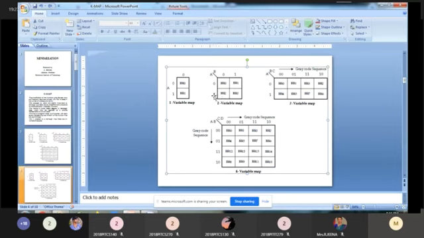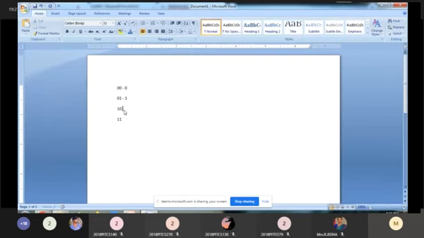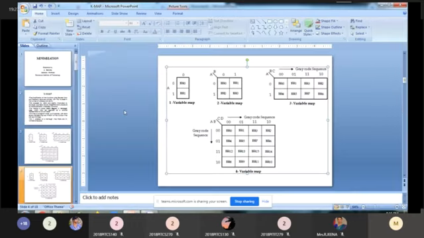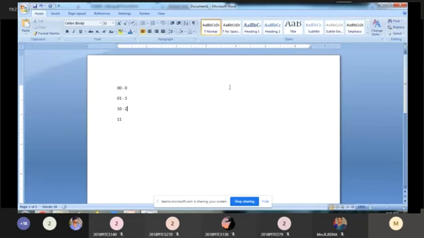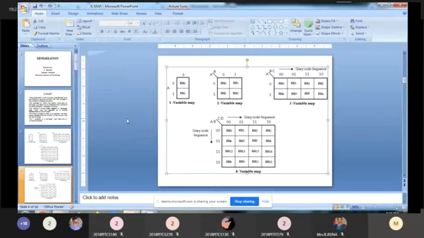Then here the position is 1 0. What is the value? 2. So this value is M2. Then here 1 1. What is the value for 1 1? 3. So here the value is M3.